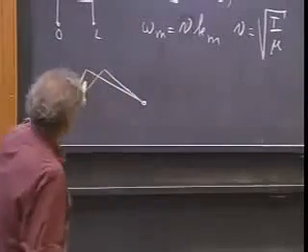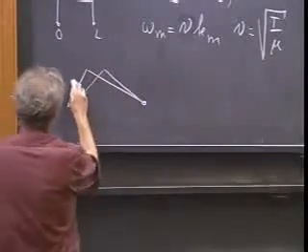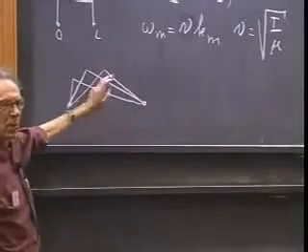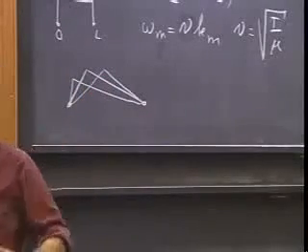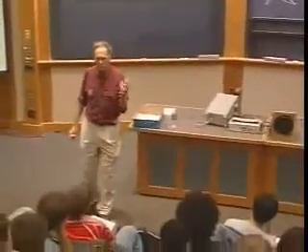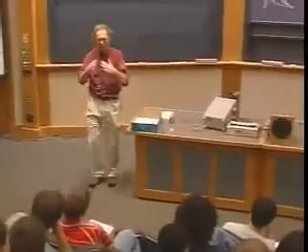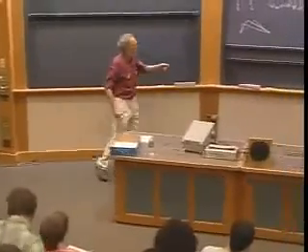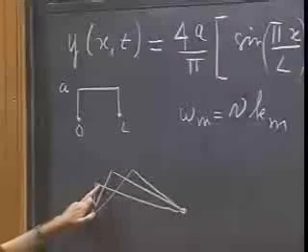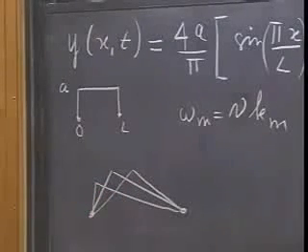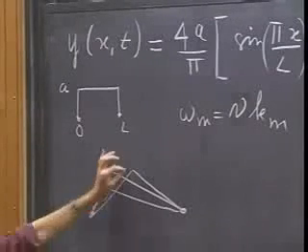Because the Fourier components of this one and this one are very different than the Fourier components from this one. And so when you let the string go, the frequencies that will be produced are the frequencies of these normal modes, of these B values. But the various B values are very different here from there. And so the sound that you hear is distinctly different when you pluck a string from the side than when you pluck it in the middle.